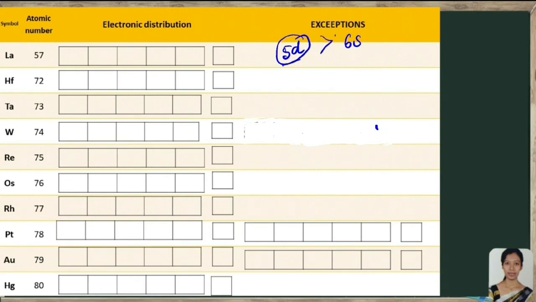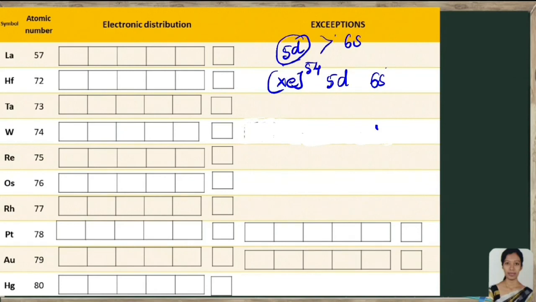In a similar way, if you write the electronic configuration for the 5d series by taking the nearest noble gas configuration, that is xenon, 54, and 5d is the inner orbital, 6s is the outer orbital.